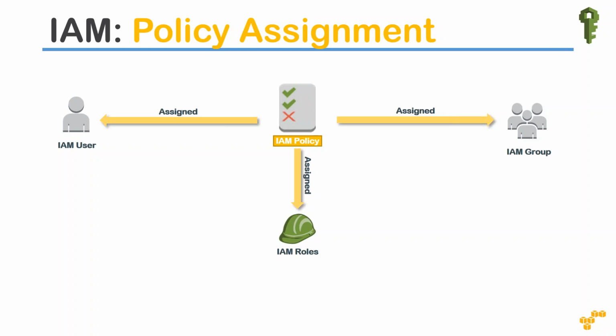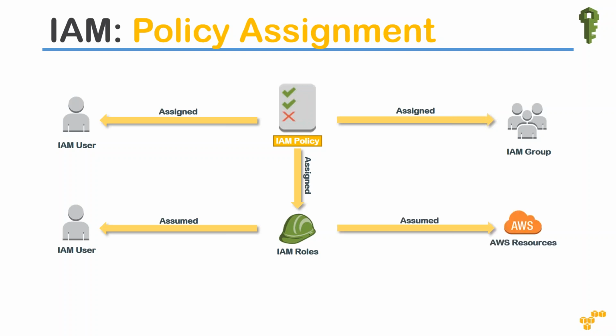Remember that a role is not for users, that is, human people. Usually it is not given to humans, but it is also possible to assign roles to users temporarily. So now that you have created a role and it has the necessary permissions, this role can be associated with a user or it can be assumed by an AWS resource also.